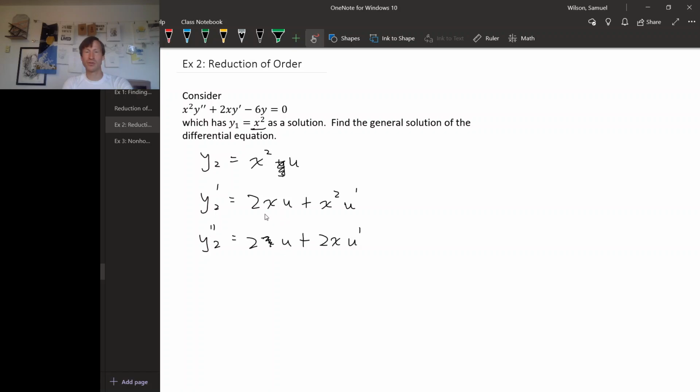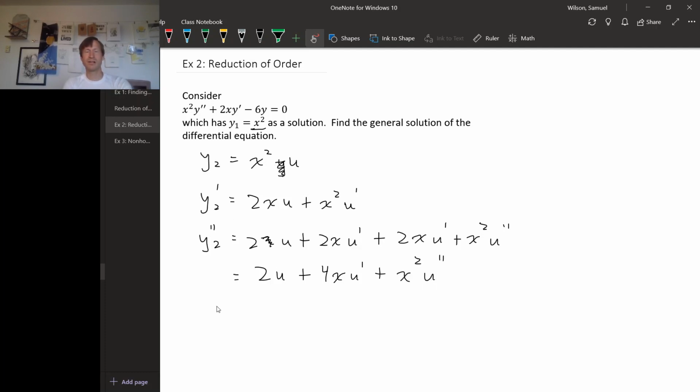That's the product rule for the first piece. Now the product rule for the second term: 2xu prime plus x squared u double prime. And then simplify this: 2u plus 4x times u prime plus x squared times u double prime.